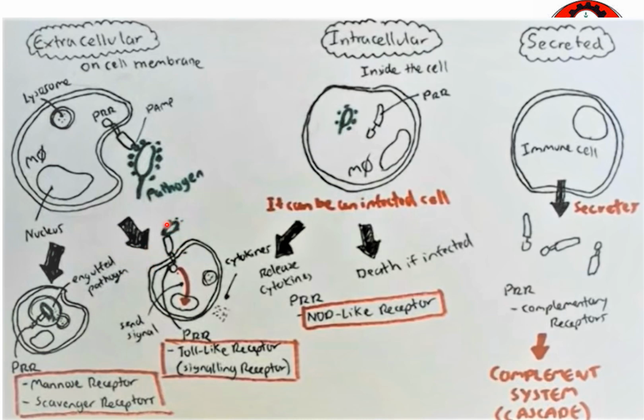Or the binding of the PAMP with the pathogen recognition receptor, or the PRR, is going to lead to sending a signal to activate genes within the cell, and these are going to lead to release of cytokines such as interferon.